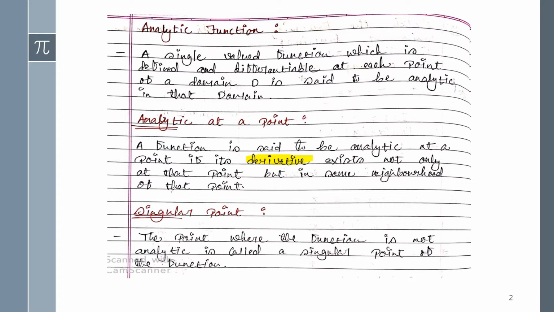If the function is not analytic, then we can call it a singular point. In detail we will do it in the examples, so that you get more knowledge regarding these definitions.